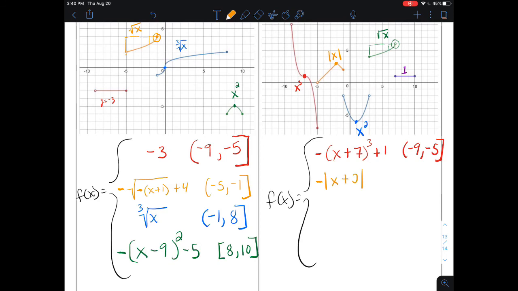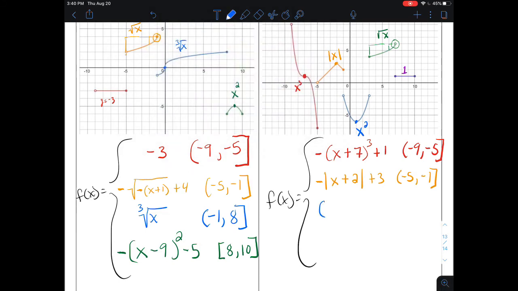So I need to move it to the left 2 units, so I add 2, up 3 units, so +3. And now we do our domain interval. So the leftmost x value of this graph is at -5. The rightmost x value of this absolute value is at -1. So parenthesis, -5, bracket, -1, because one had an open circle, one had a closed circle.